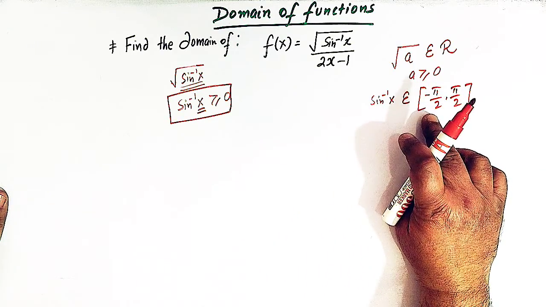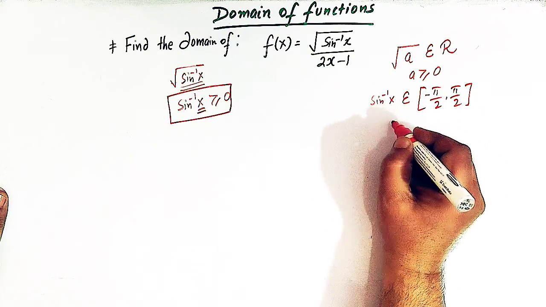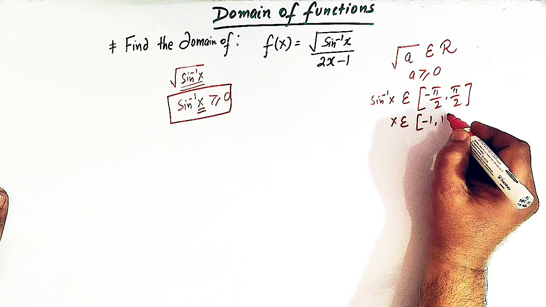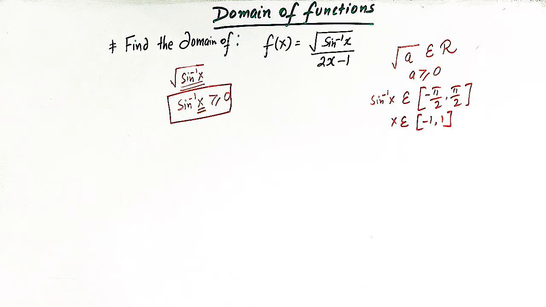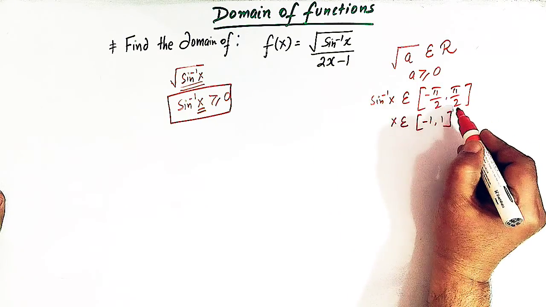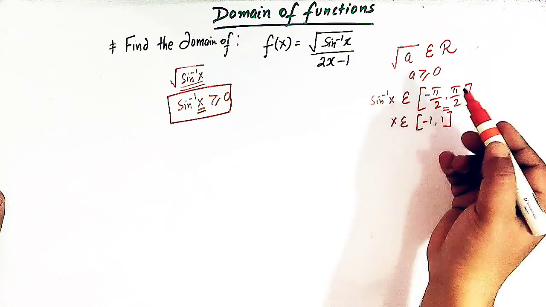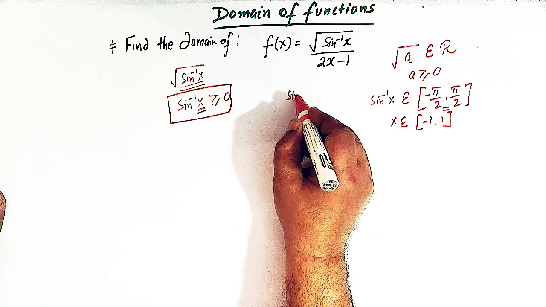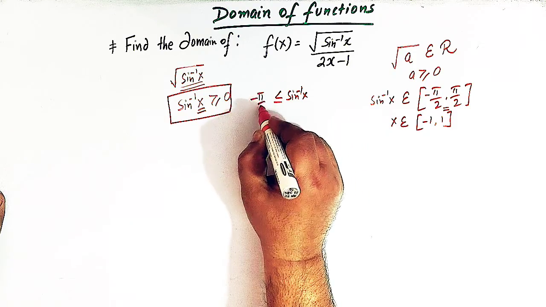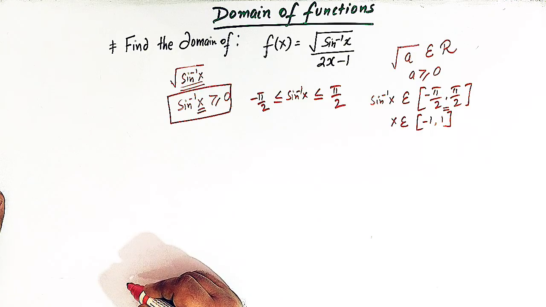So this is the principal value branch of sine inverse x, where x belongs to this interval, that is from minus 1 to 1. So when sine inverse x belongs to this interval, we can generate an inequality, that is sine inverse x is greater than or equal to minus pi by 2, but it is less than or equal to pi by 2, right?